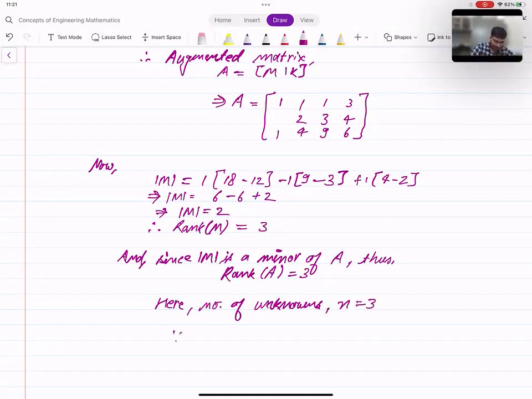Since the rank of M is equal to the rank of A, and this is equal to N, all being 3, therefore the given system of equations is consistent and has a unique solution, if you remember the consistency rules that we saw.